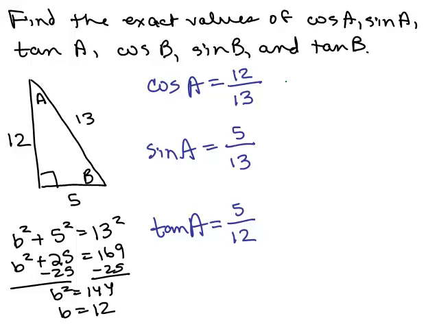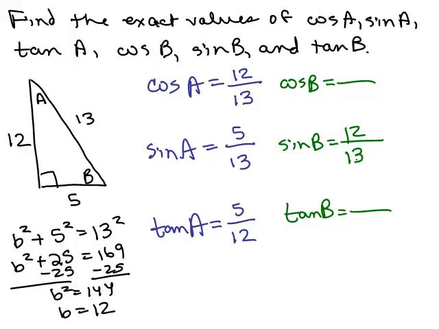All right, let's do the cosine, sine, and tangent for B. Now, if you want to remember SOHCAHTOA, maybe you want to figure out the sine first. Sine, opposite over hypotenuse. So you're looking at B. The opposite side over here is 12, over the hypotenuse is 13.